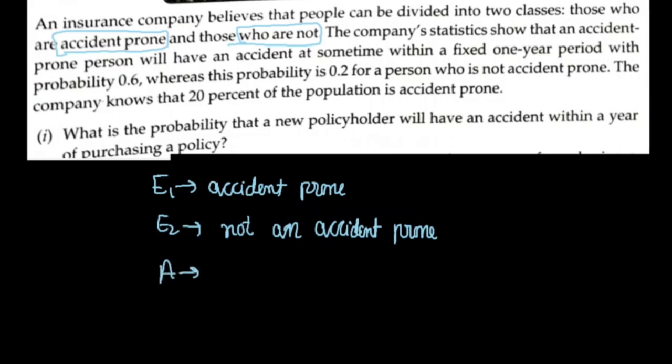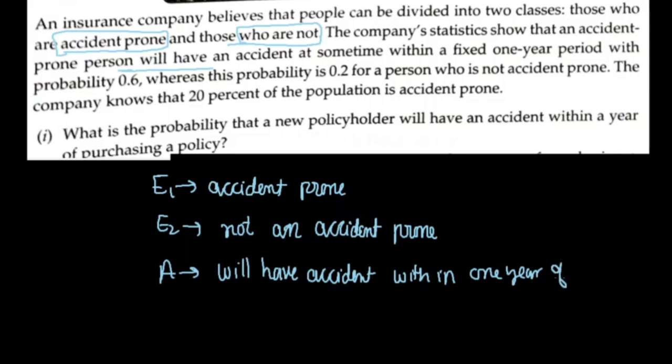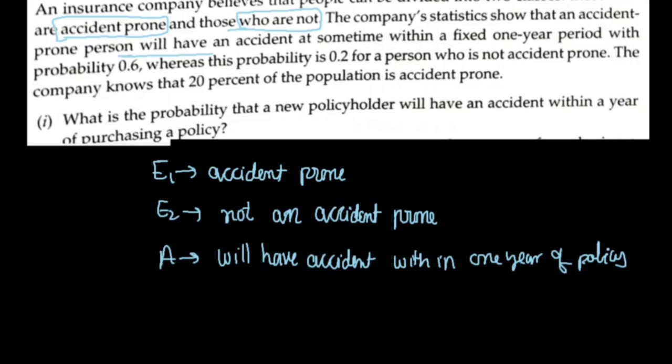A is the event that a person will have an accident within 1 year of policy, that means a new policy holder.